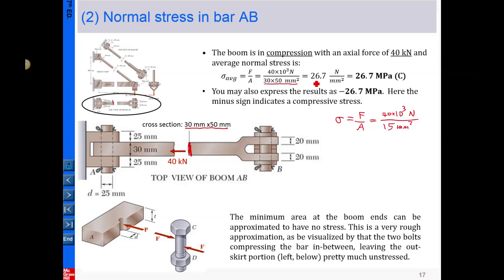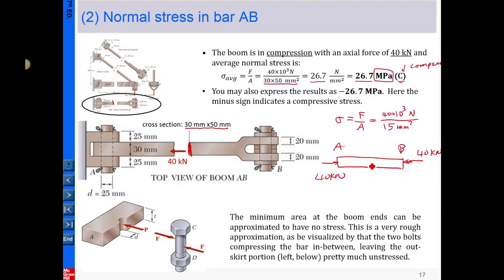So put everything together, this is the magnitude and unit: 26.7 MPa. And again, C means compression. If you remember, back a few slides before, this is the cross section, and this is the free body diagram of AB, and the force distribution is 40 kilonewtons and 40 kilonewtons in this way.